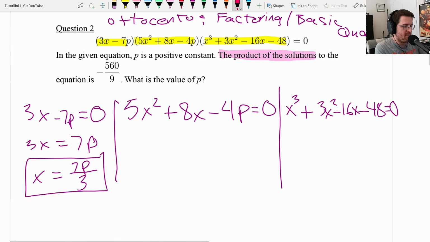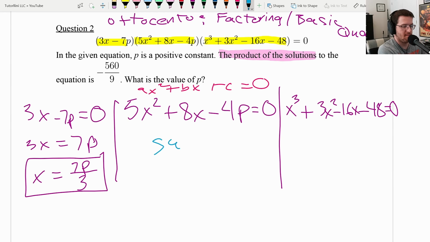So if ax squared plus bx plus c equals 0, Vieta's second formula tells us that the product is equal to c over a.